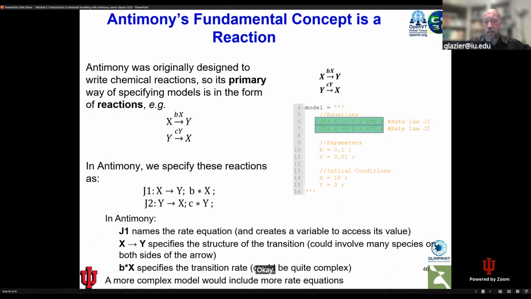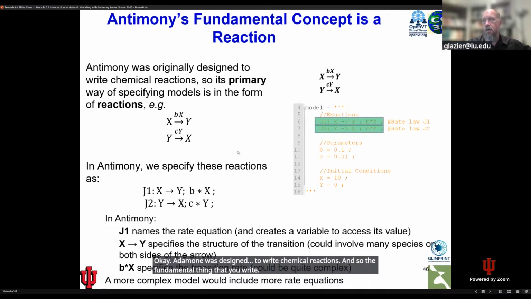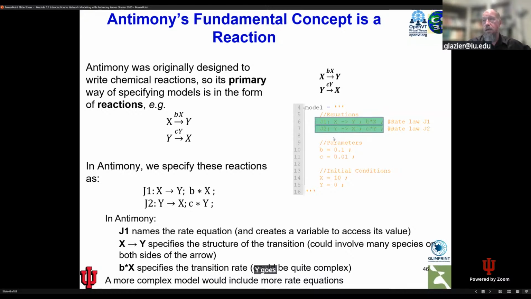Antimony was designed to write chemical reactions. And so the fundamental thing that you write in antimony are arrows. X goes to Y, Y goes to X, and rates, B times X. Notice the semicolons.